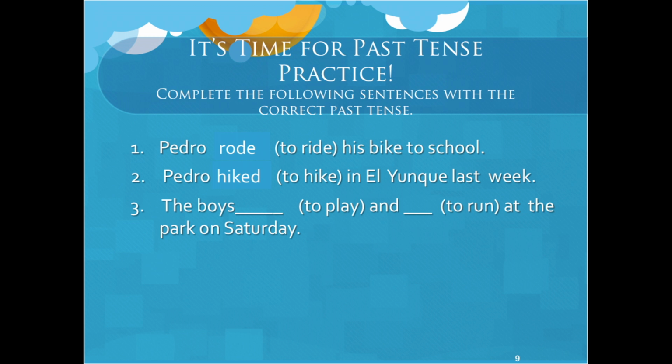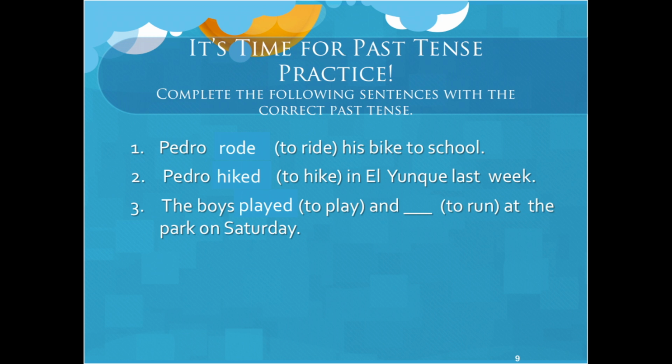Are you ready? Yep. The boys to play and to run at the park on Saturday. Let's look at that. To play. Play is a what? I think it's regular. Very good. It's a regular verb. So what do we do? We add ed. So it would read, the boys played.